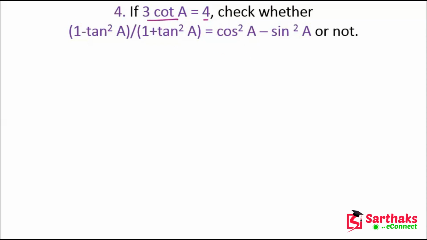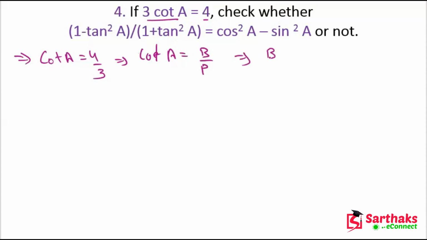First of all we have to find the ratios. So we have cot A is equals to 4 upon 3. Cot A is base upon perpendicular, and we have base is 4 and perpendicular is 3.